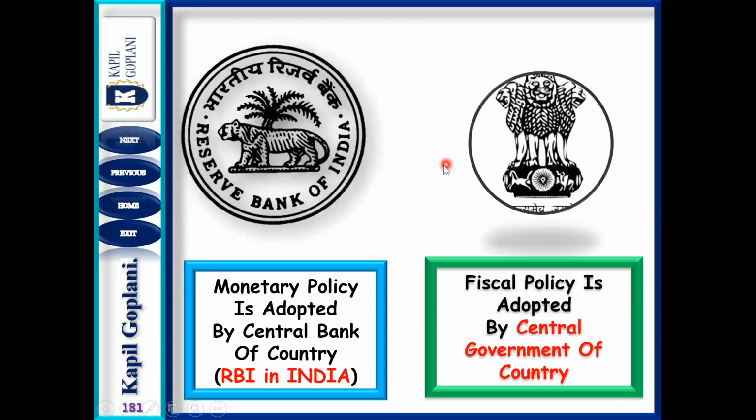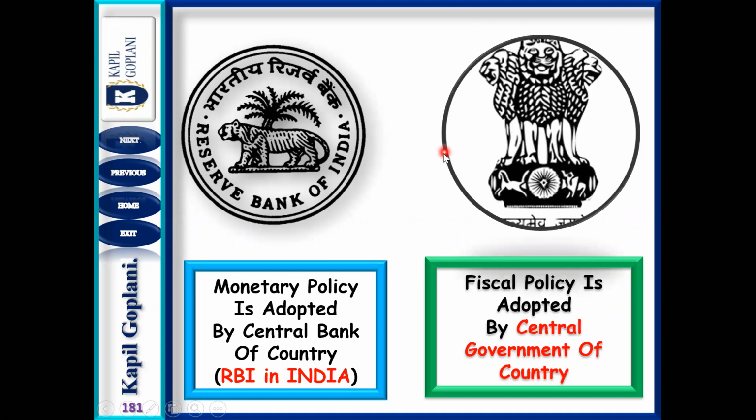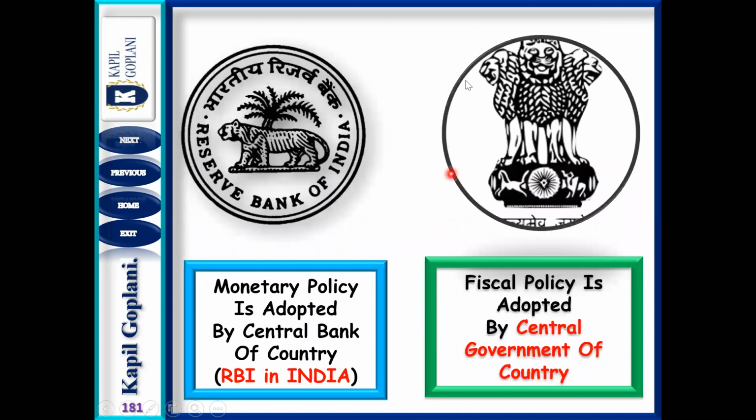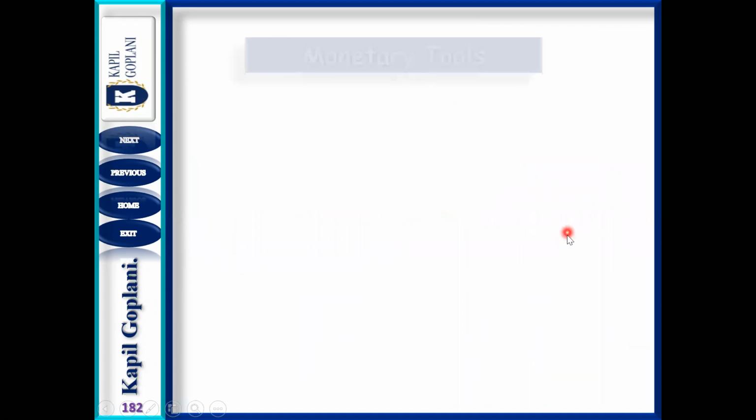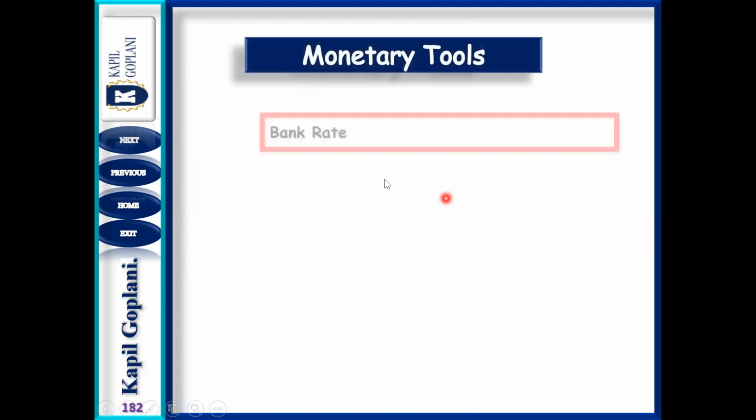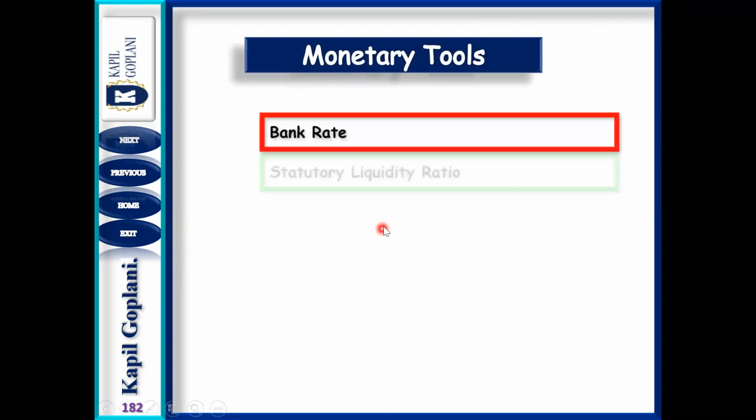Monetary policy is adopted by the central bank of the country, here RBI, and fiscal policy is adopted by the central government of the country. So let us first talk about the monetary policy tools.